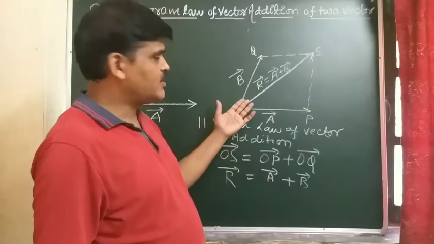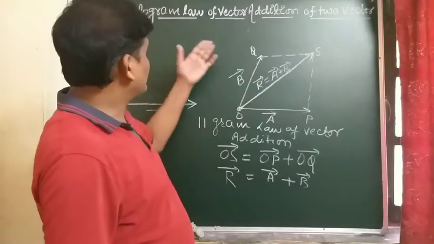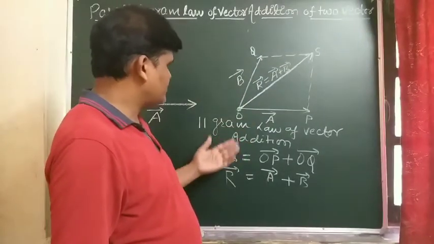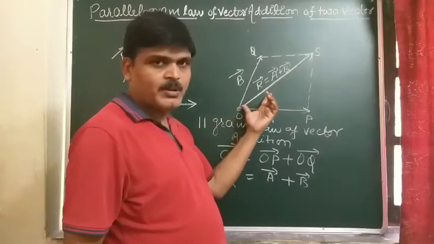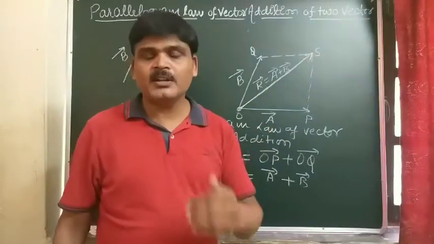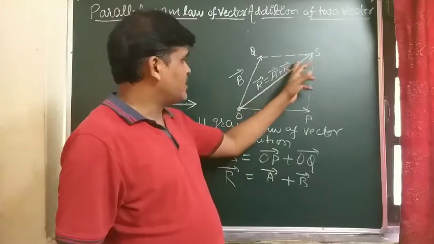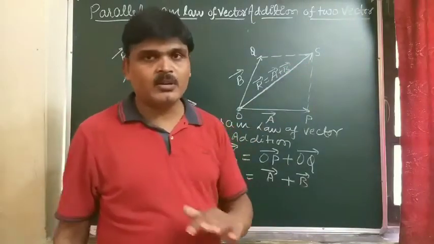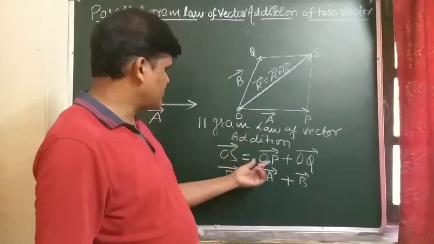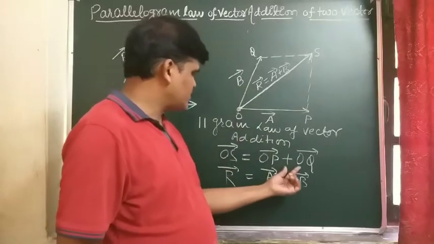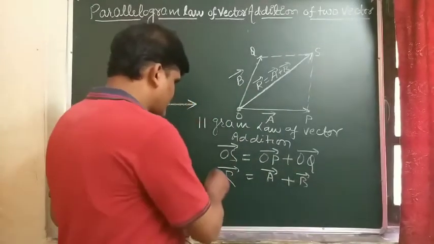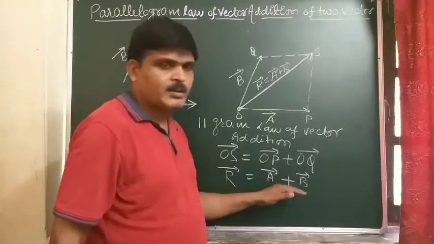So this is the vector law of addition of two vectors. Directly, if there is a parallelogram, the resultant will be the diagonal of the parallelogram. So OS vector equals OP vector plus OQ vector, so vector R equals vector A plus vector B.